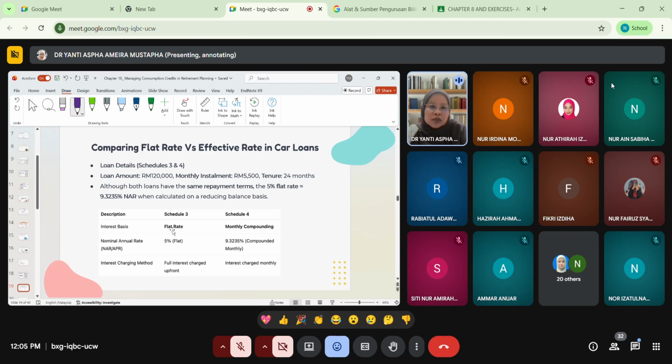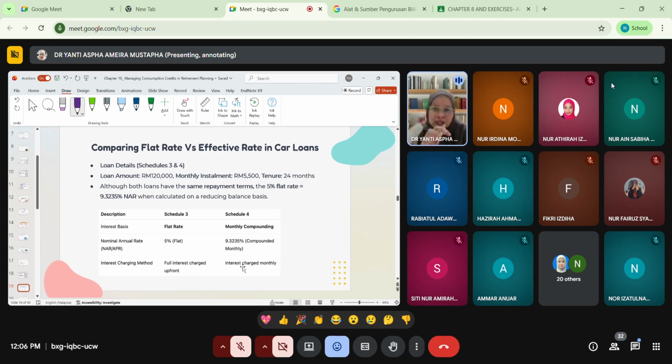So schedule 3 is known as flat rate. Remember, for the flat rate we take the interest plus the principal. Schedule 4 is monthly compounding: nominal annual rate 5% for flat, while for schedule 4 we use monthly compounding at a rate of 9.3235%. On the interest charging method, the full interest is charged upfront in schedule 3, while in schedule 4 interest is charged monthly.